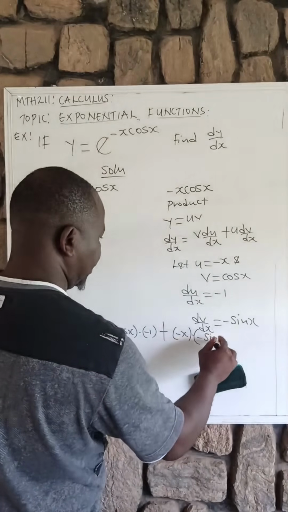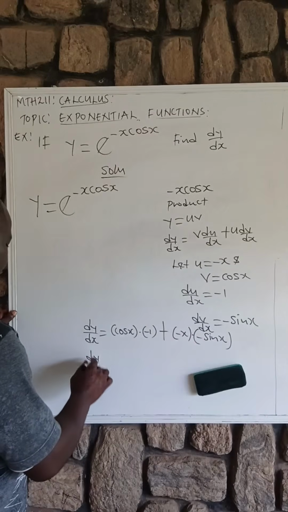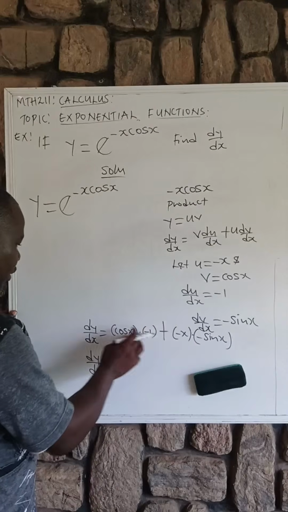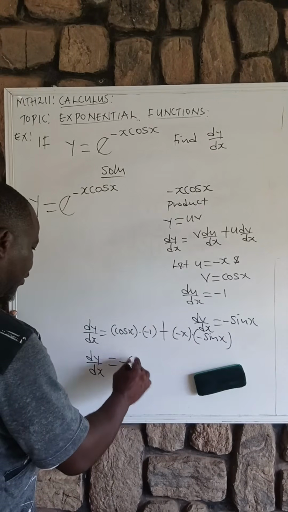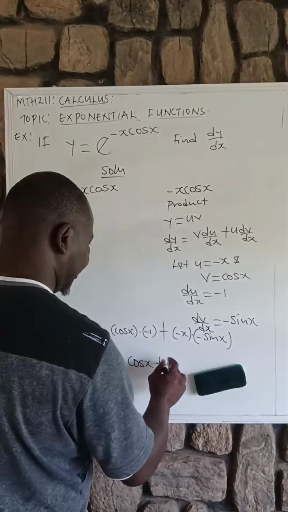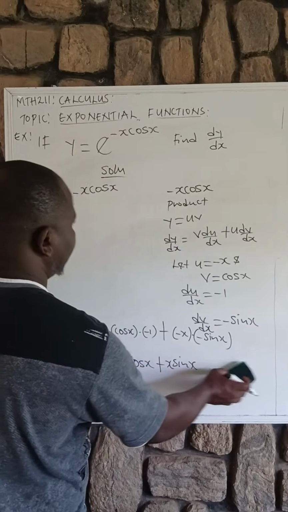Is it not the same thing? So this is the same thing as minus 1 times cos x is minus cos x, minus times minus is plus x sine x, isn't it?